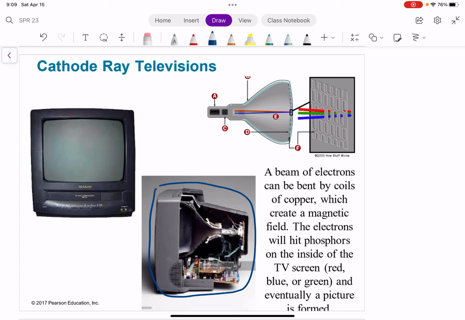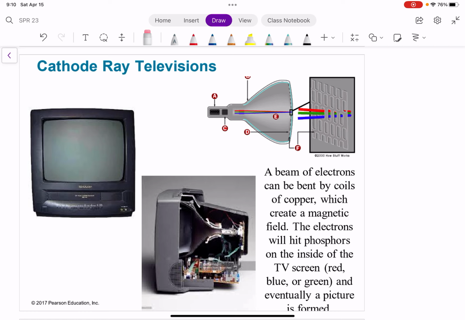This is a cathode ray television, and these were common. This is how televisions were made until we got the thinner LCD screens, right? So now TV screens are like this, maybe a little thicker than that, depending on how much money you're spending. But in the past, when I was a kid, we had one that looked like this.